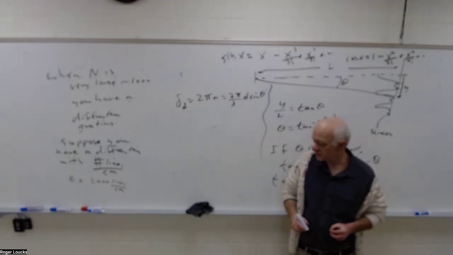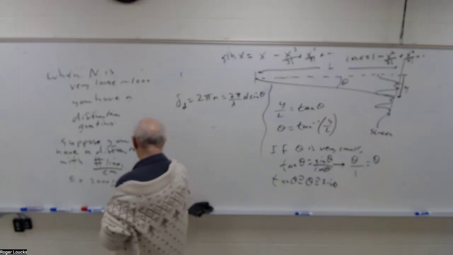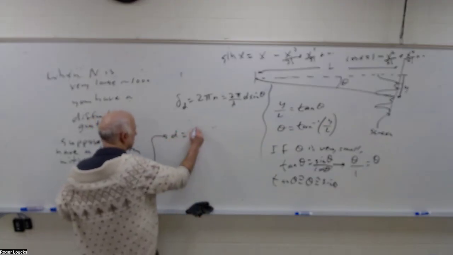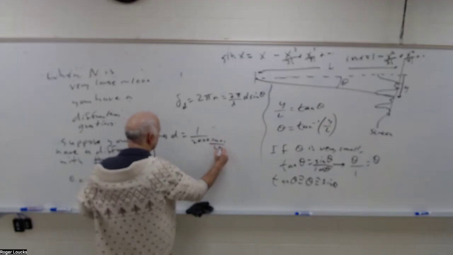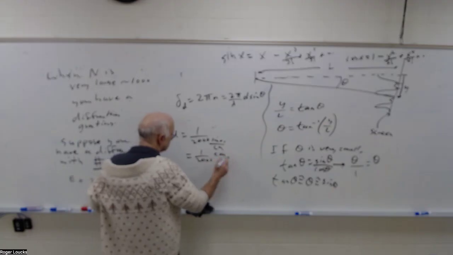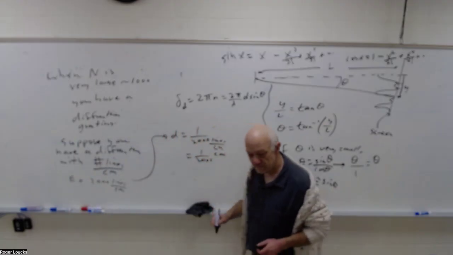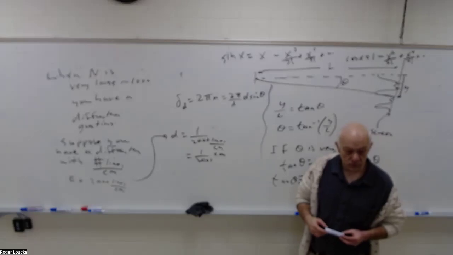You take the reciprocal of it. So the reciprocal of 2,000 lines per centimeter would be 1 over 2,000 centimeters. That's what you put for d. Okay, that makes sense.